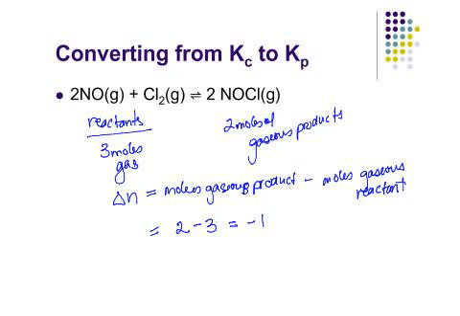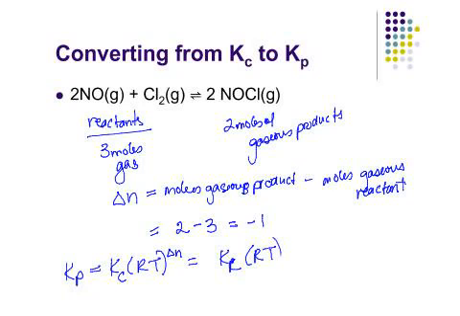So if we look at our equation, where Kp equals Kc times RT raised to delta N, that means Kp equals Kc times RT to the -1, which basically is Kc over RT.